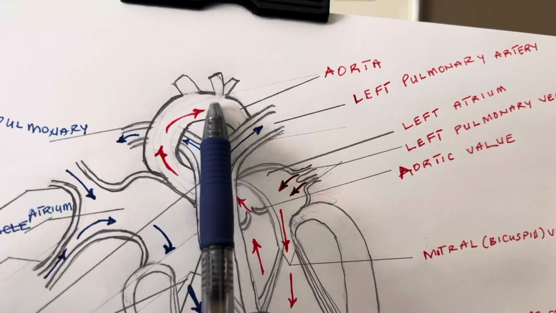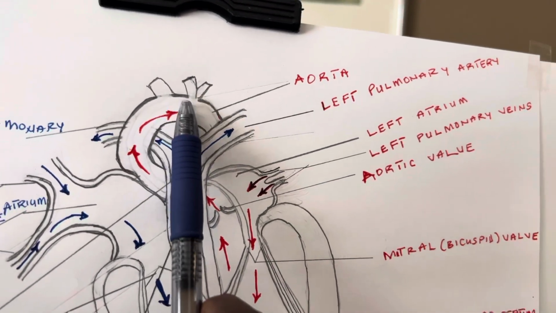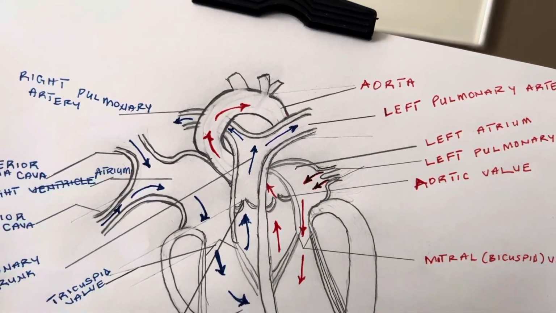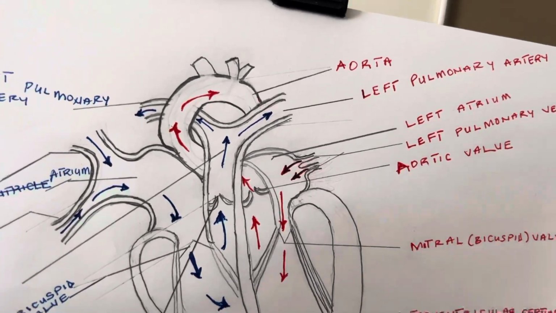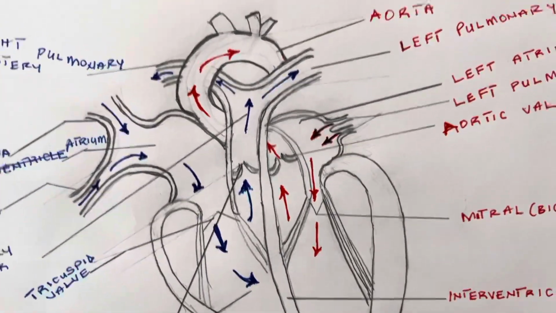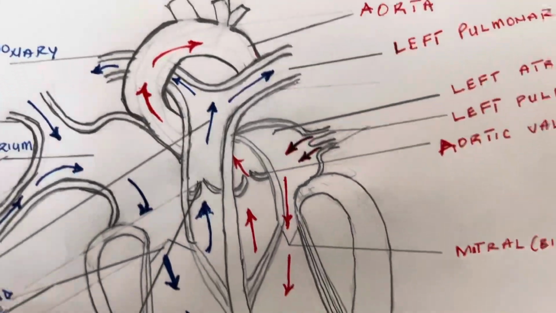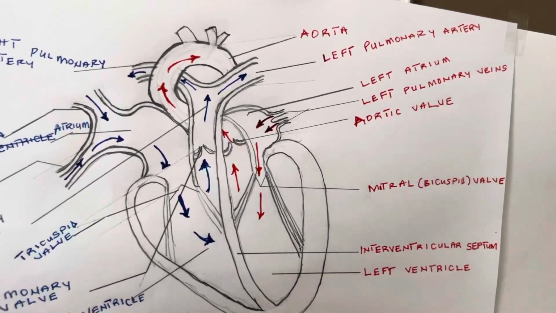The red arrow here indicates that it is oxygenated. These little structures here are my arteries that would take the blood into the various parts of the body, but I couldn't name them because my work was getting crowded. I couldn't make the heart bigger. I tried to draw big, but I couldn't.